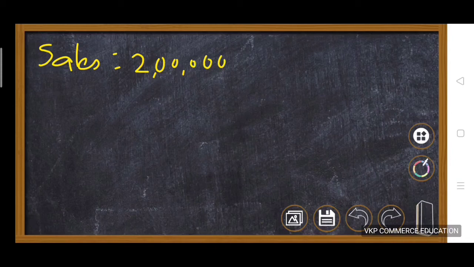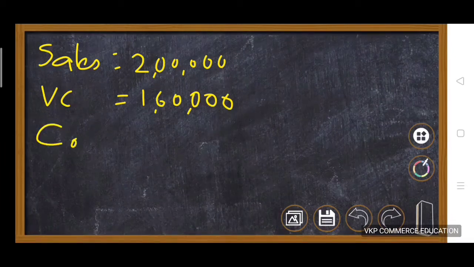Next, another question. Sales is equal to 2 lakh. The question is given in a particular format, that is the marginal cost statement format. Sales is first of all given, rupees 2 lakh, variable cost 1,60,000.